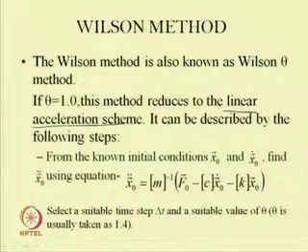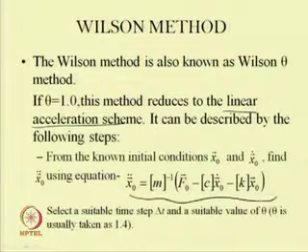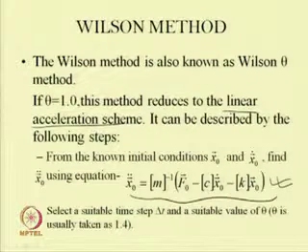As we are assuming the acceleration to be linear within two points, we can use this equation directly, that is the equation of the acceleration. The acceleration equation is x0 double dot equal to m inverse [f0 minus c x dot minus k x0]. So, for multi-degree of freedom systems we can write this.